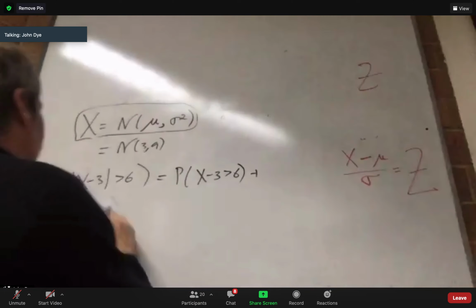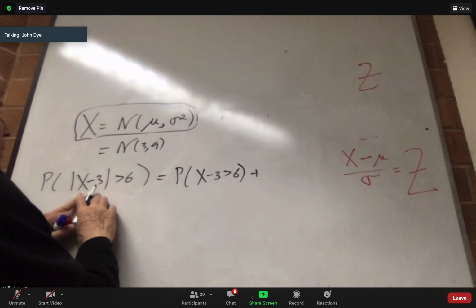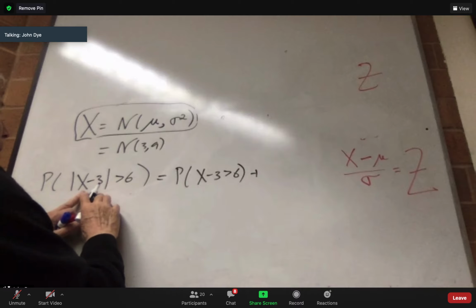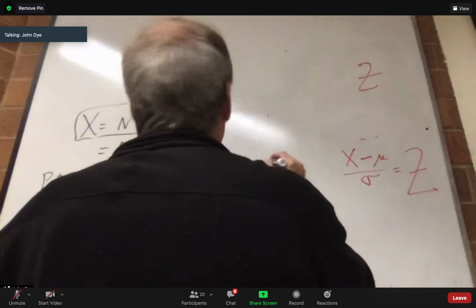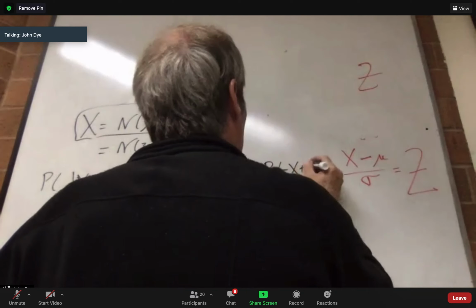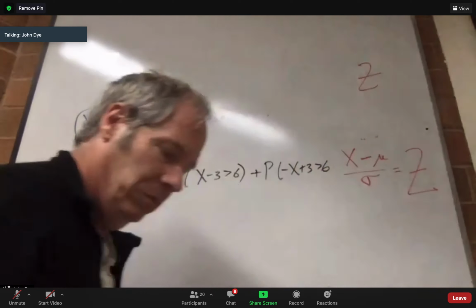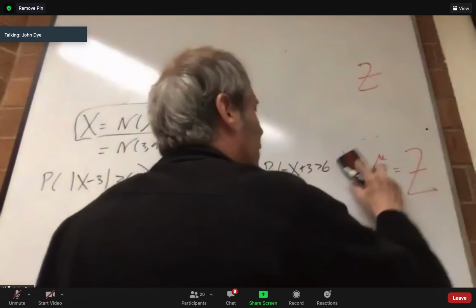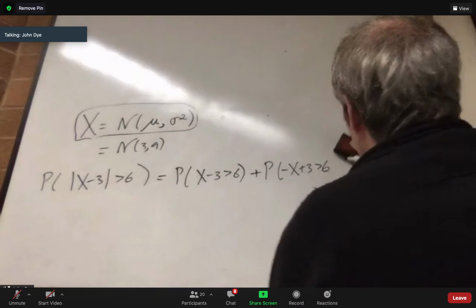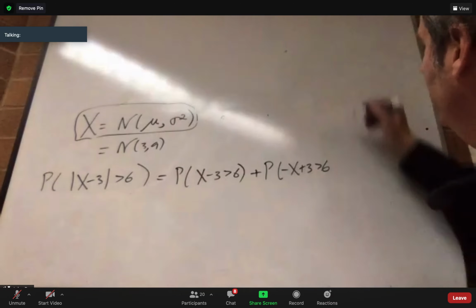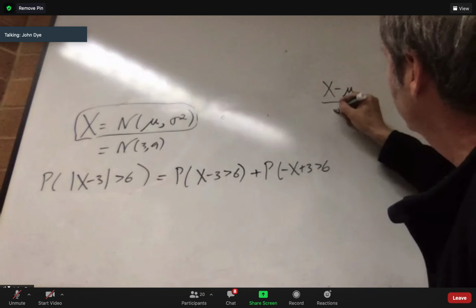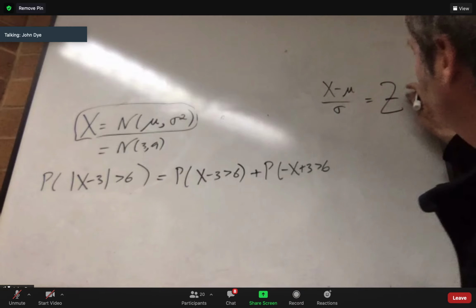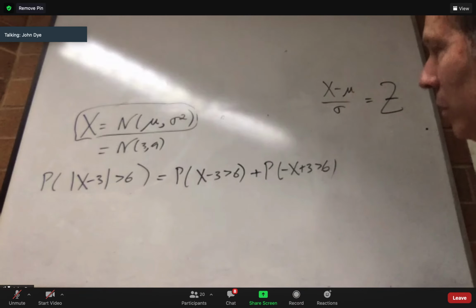It could also be that the negative of this is greater than 6. So the negative of that would be negative x plus 3, greater than 6. Again, we want to transform like this: x minus mu over the standard deviation. This is what I'm going to do. Forget the z-score.